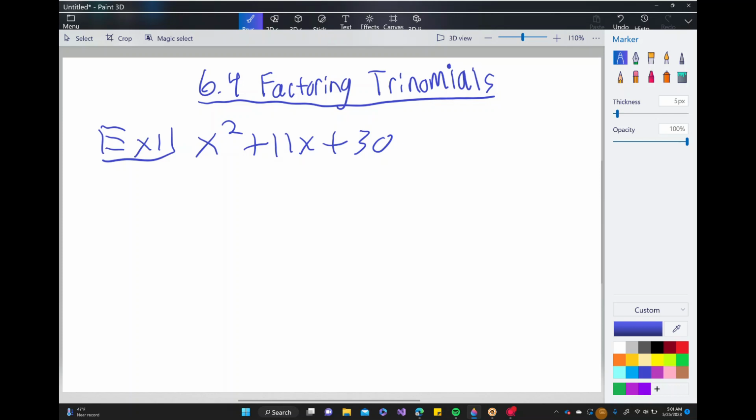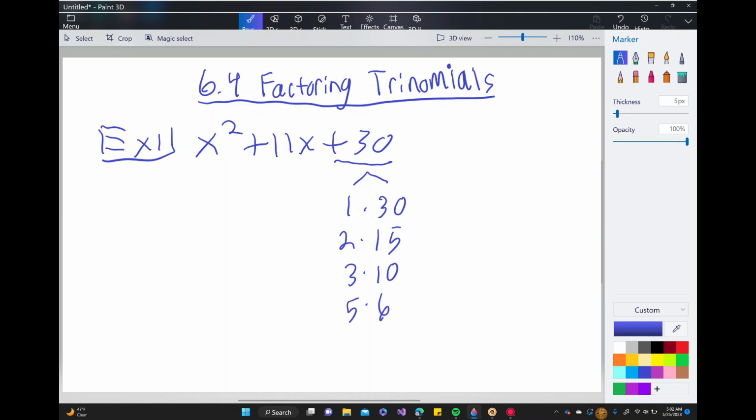And here's an easy way to break this down, all right? We're going to first look at our last term here, the positive 30. We're going to find all the multiples of 30. So list them out. 1 times 30, 2 times 15, 3 times 10, 5 times 6.